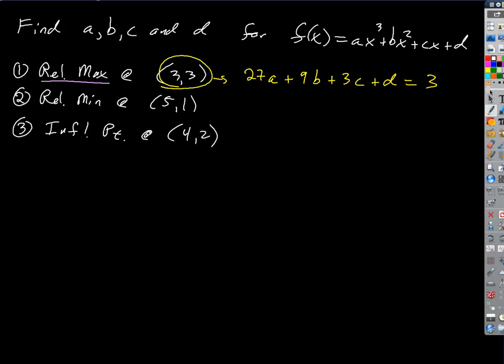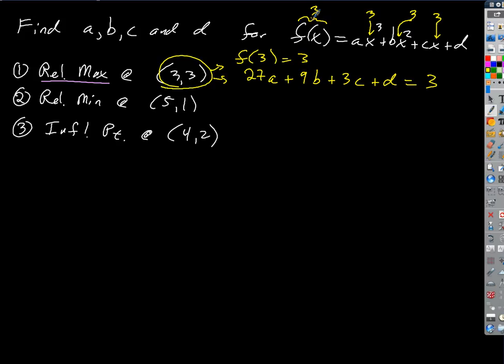Did you put in the A or the B? I didn't. I put in x. What I did to get here is I just said that f of 3 equals 3. So I plugged in 3 for all the x's, and this whole thing is a 3.